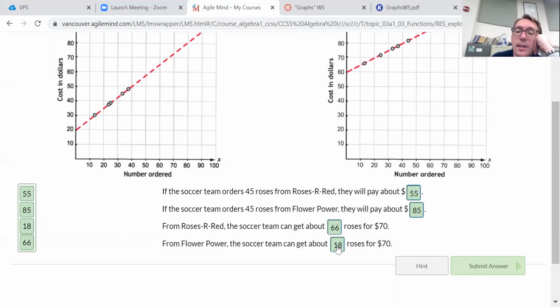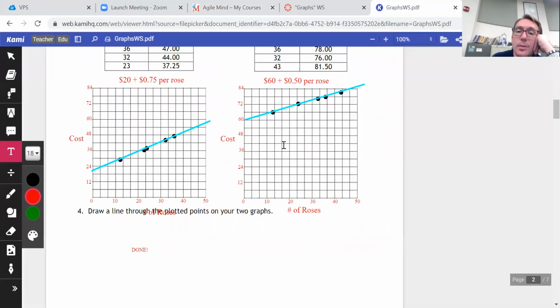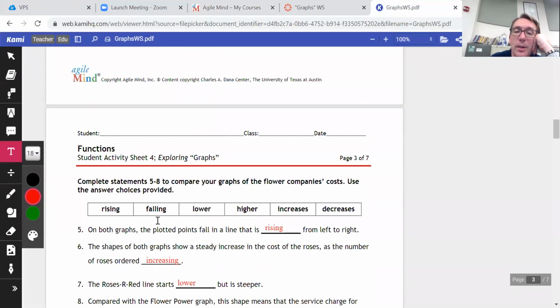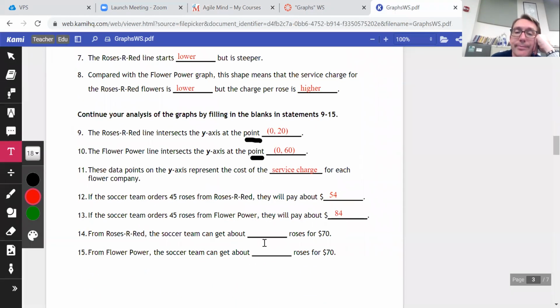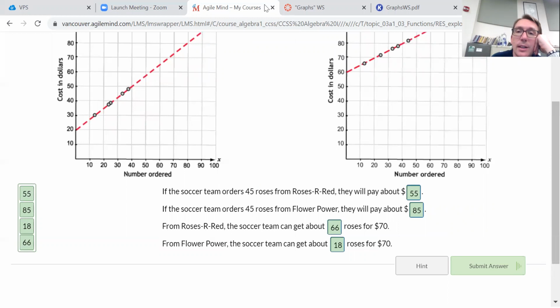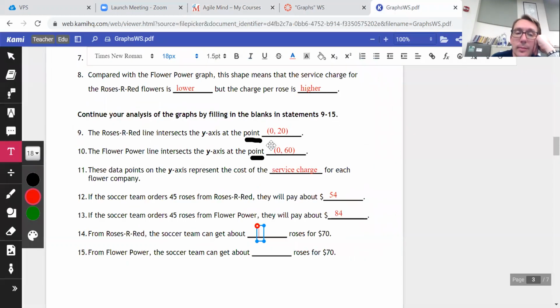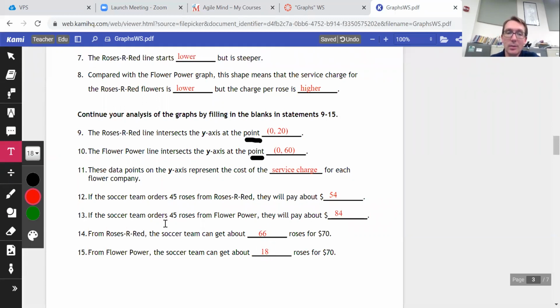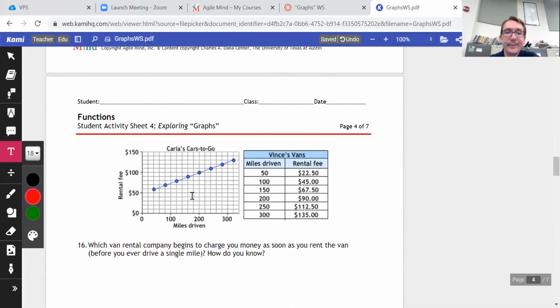So we're going to put in 66 and 18 for our next two answers just because they work better on their graphs. Definitely can get more roses for $70 at Roses Are Red, can't you?